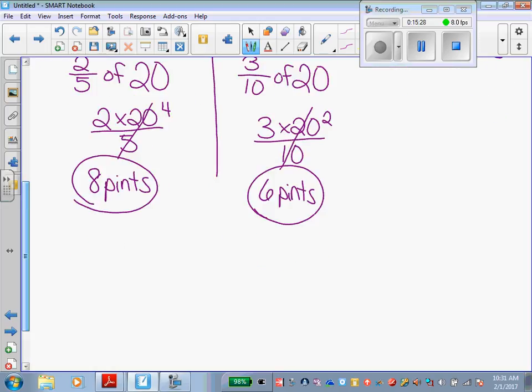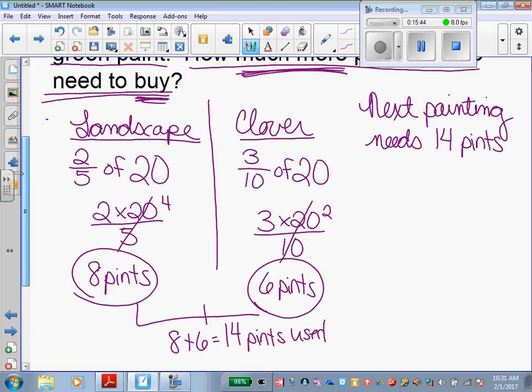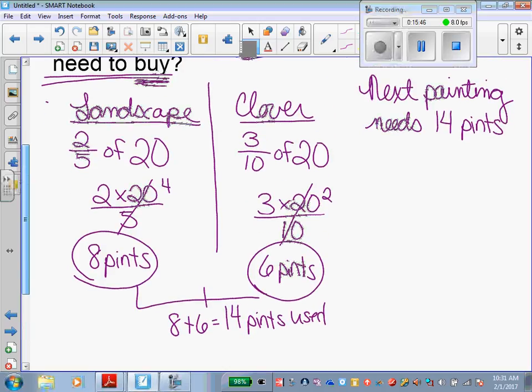So we have 8 plus 6. And 8 plus 6 is what? 14. So she used 14 pints.